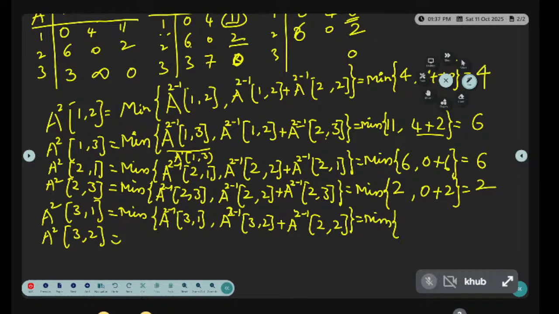Minimum of 3 a power 1 of 3 comma 1, 3 comma 2, 7 plus 0 is equal to 3 only. Here 3 only. Next, 3 comma 2.